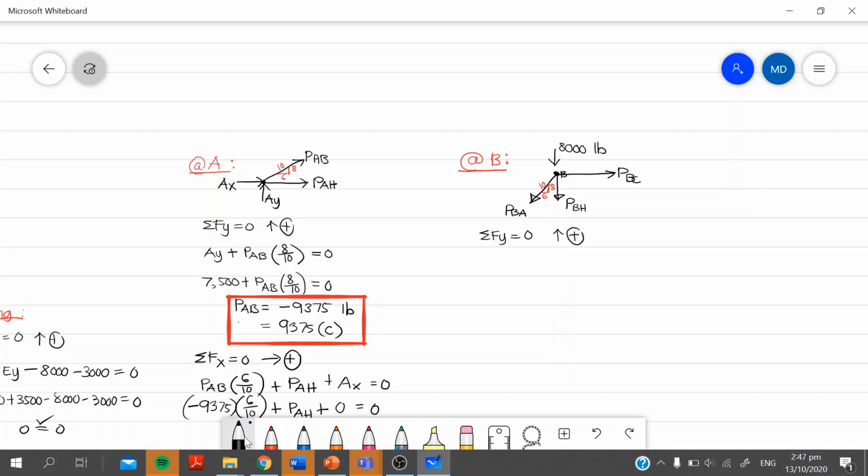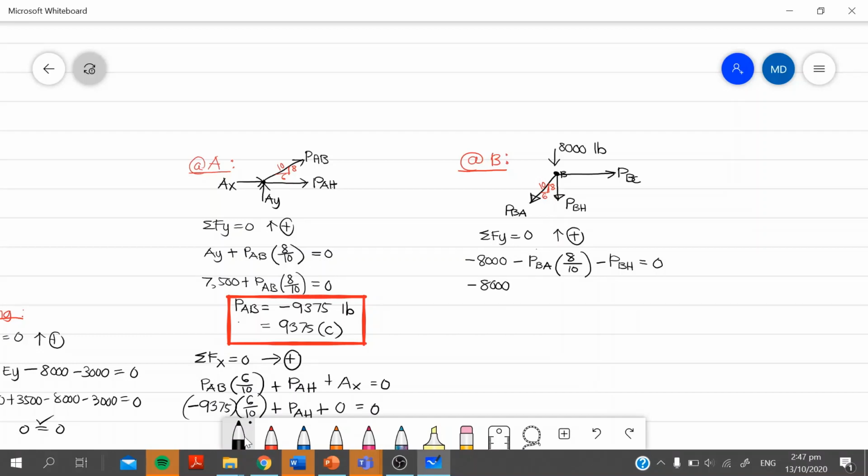So, look at the vertical forces at joint B. So, ang mga vertical forces, negative ang 8,000 kay pababa. Negative pod ang vertical component ni force BA. Unsay ang vertical component? 8 over 10, di ba? Ug minus pod ng force BH. Anong iba? So, go na.